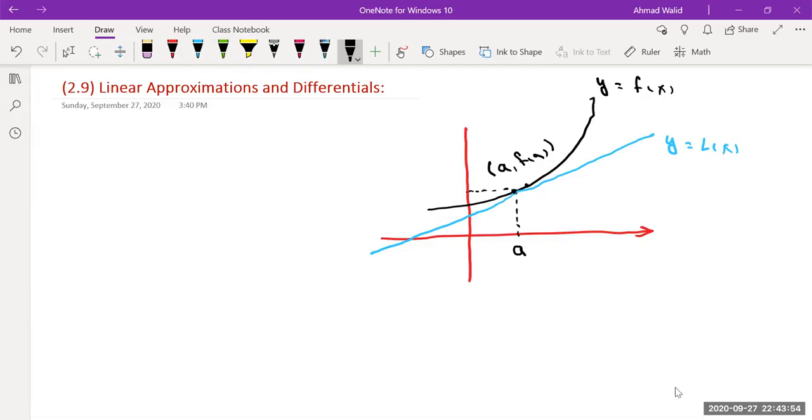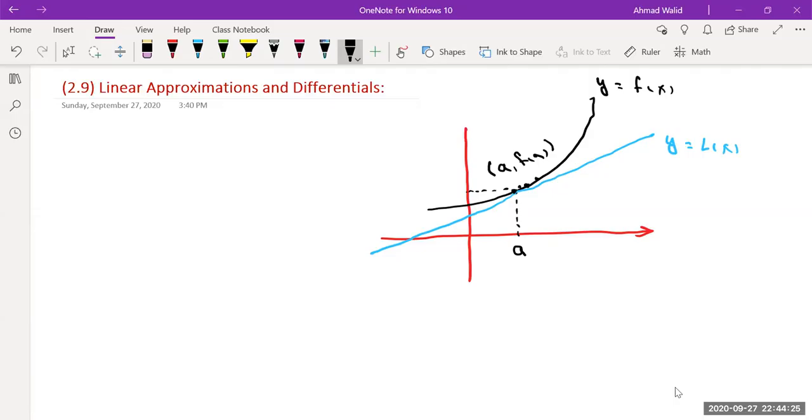Let me have another point here. If I want to calculate the value of that point, which is really close to A, it is not easy to calculate that value on a curve. Or another point maybe here, or another point closer to this. It's really not easy. Sometimes it's even impossible to calculate that value on a curve.